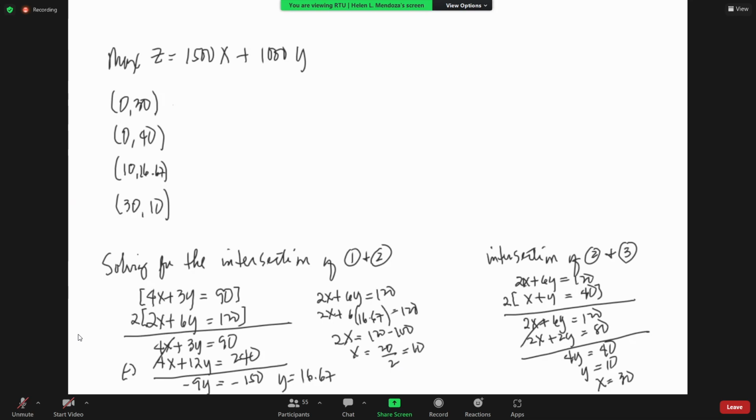So let's double check. This is 15 times 0 plus 1,000 times 30, so this will give us 30,000. This is 15 times 0 plus 1,000 times 40, so this will give us 40,000.